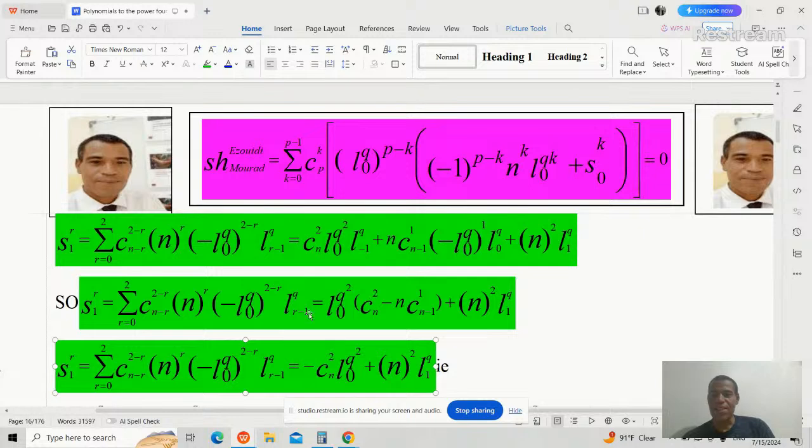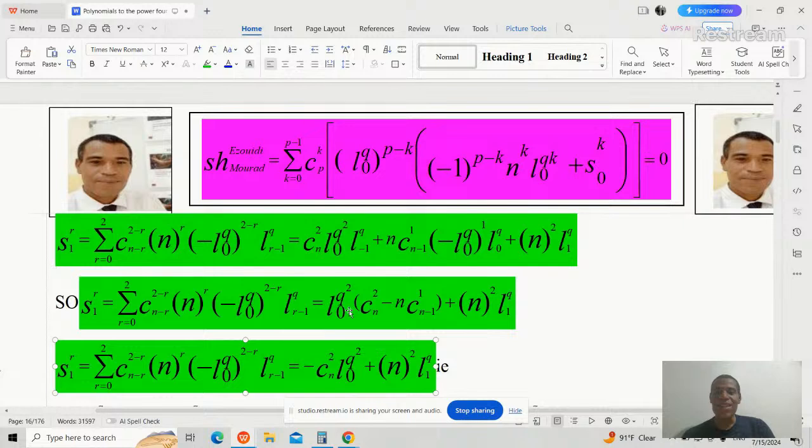So these two things, it's called common factor. It can be written as combination n choose 2 minus n combination n minus 1 choose 1, between parentheses, of course, multiplied by the common factor. The common factor is L0 of the q raised to the power 2, plus n squared times L1 of the q. This one, learners, is a general formula for S1.